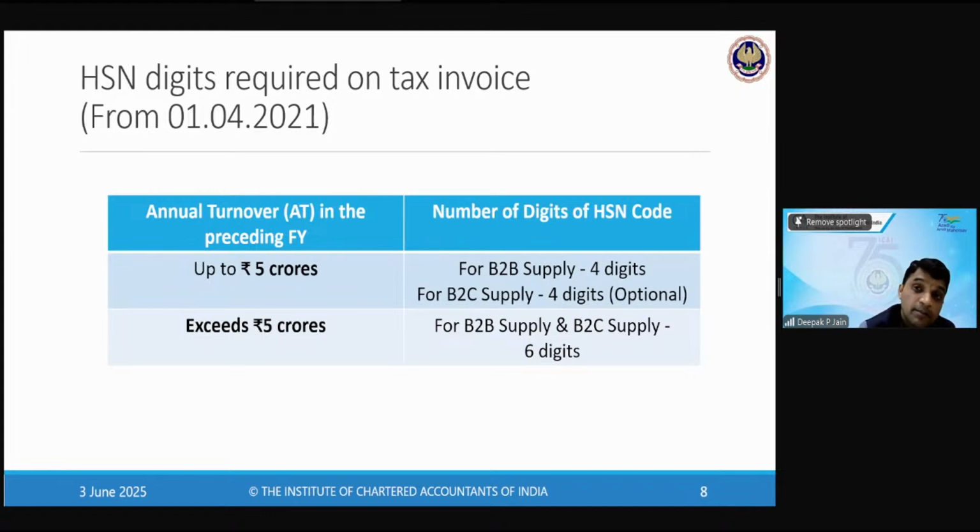But if you're a big supplier wherein the annual turnover is crossing 5 crores, then आप 6 डिजिट तक दे सकते हो। HSN is how many digits? 8 digits. But they are saying अगर आप 8 देते हो तो बेस्ट है। If you can give 8 digits, nothing like it. But if you cannot give 8 digits, give 4 digits if your turnover is less than 5 crores. And if you're more than 5 crores, then you have to give 6 digits.